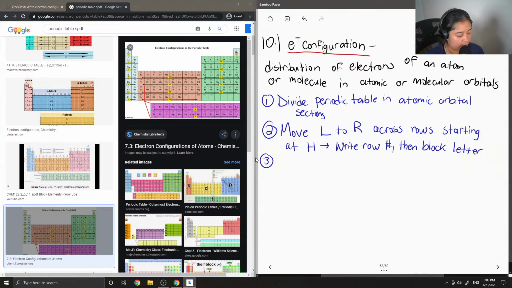Another thing I'd like to note is that when you get to the d block, you actually write down the row number minus 1. And similarly for the f block, you write the row number minus 2.